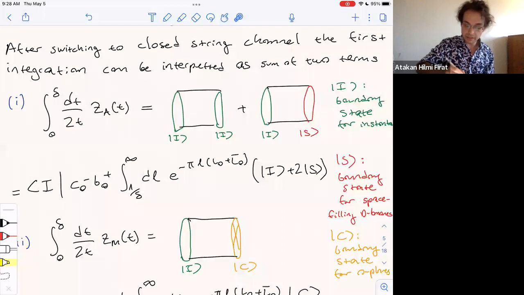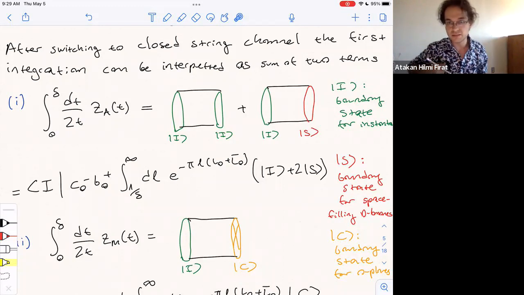So by the way, when I say ZA, I'm considering where the ends of the open string either end on the instanton or on space filling branes that might be present in this situation. And when I say ZM, one end is at the instanton and the other is at some O plane.